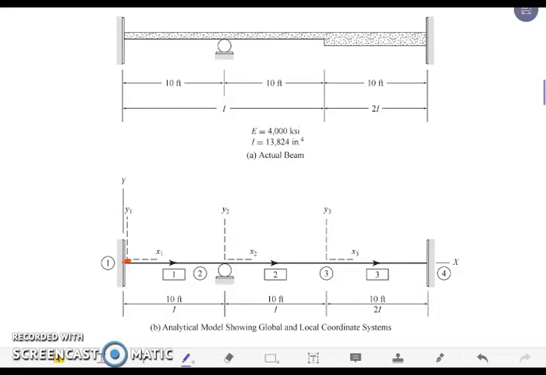This will be our x axis, denoted by x, and perpendicular to that will be our y. So we now have our y coordinate.